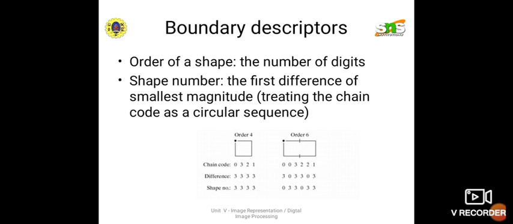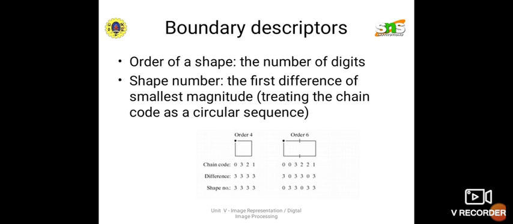Here 4 digits are used in the first diagram, so the order is 4. In the second diagram we use 6 digits, so the order is 6, as shown in the diagrams below. As we previously saw in chain codes, here the chain code value is given for the square shape in the first image: 0, 3, 2, 1, based on the directional changes.